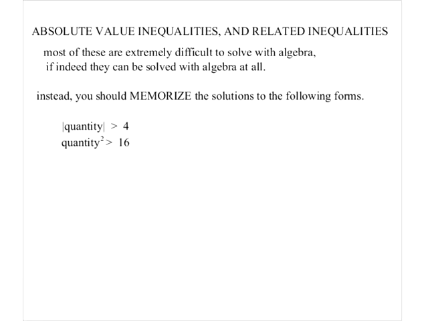The 4 and the 16 are not special. You can generalize these examples. I'm just choosing to illustrate with a 4 and a 16 because it's easier than throwing more variables at you. That's basically the idea.